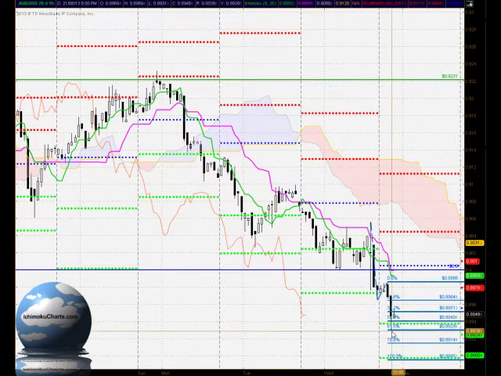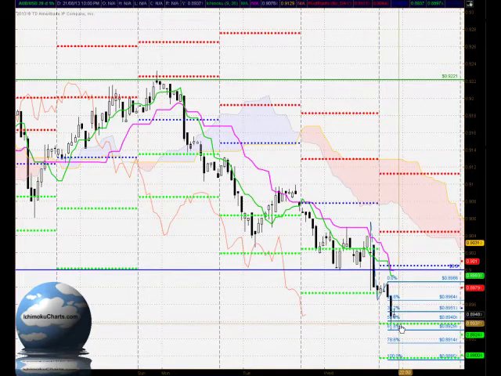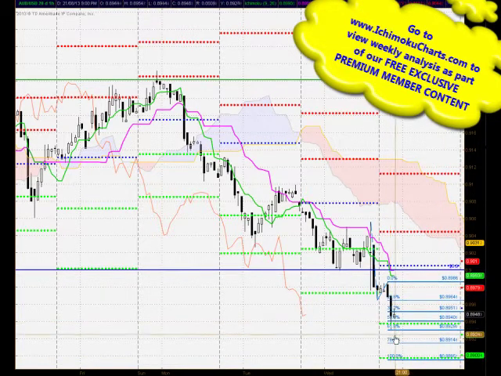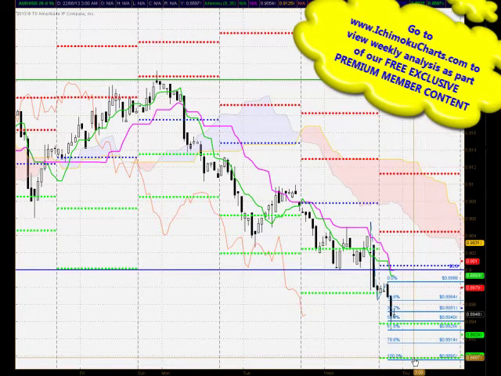The area between the 50% and the 61.8% coincides with the area around that first pivot point support level as well. Now, if this trend does continue down, interestingly, the 100% level is exactly at the second pivot point support level, so we should see very, very solid support coming in there, and that's around the 89 level or just below.